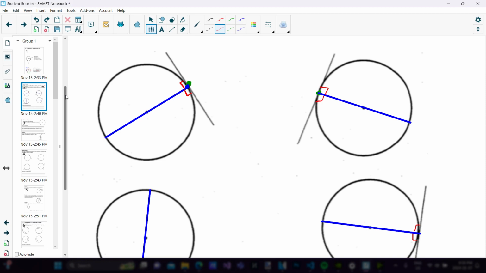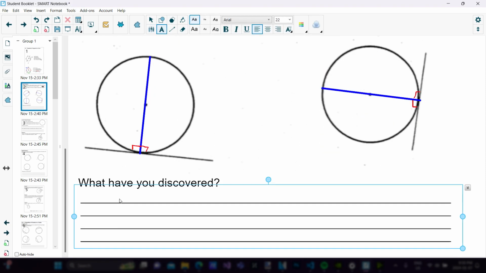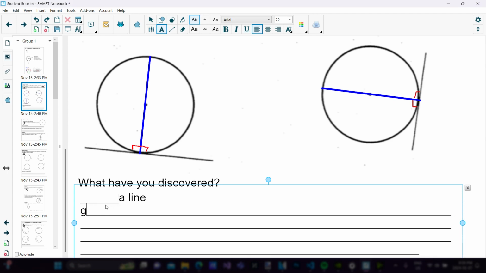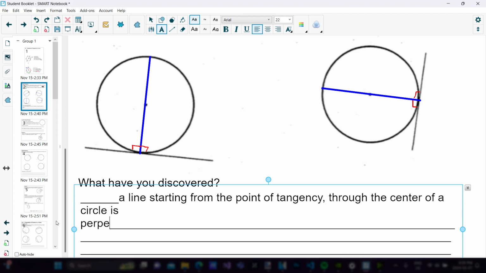So, scrolling all the way down, what have you discovered? Well, you can say that a line starting from the point of tangency through the center of a circle is perpendicular with the tangent.